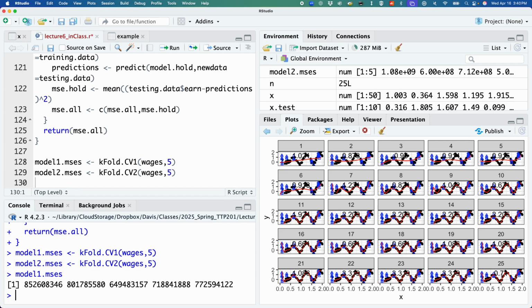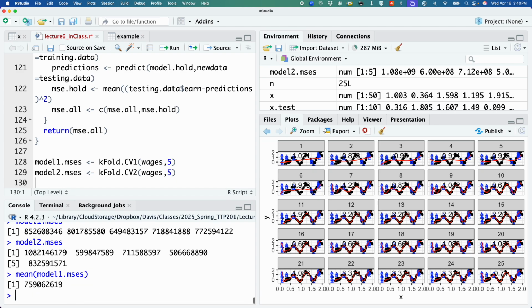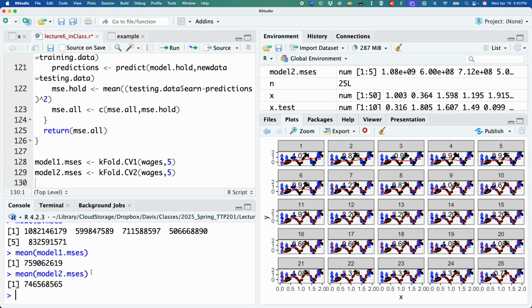There's nothing to compare against. And you've got these guys here. And you would want to take the average, right? So actually I would want to do mean model 1 dot MSE and mean model 2 dot MSE.